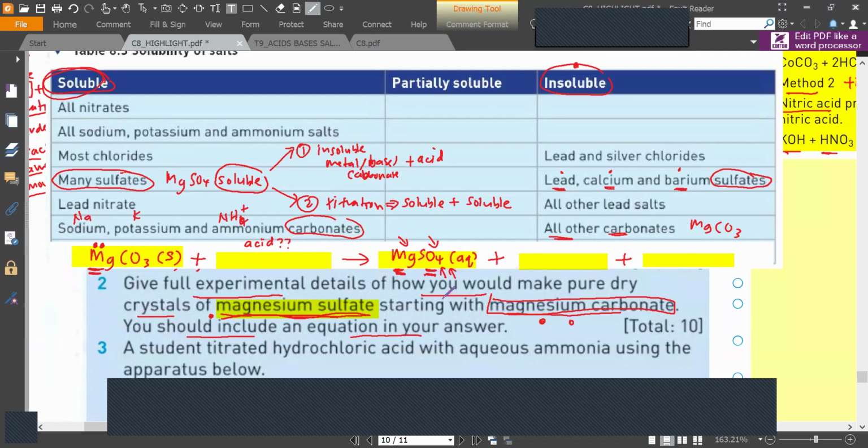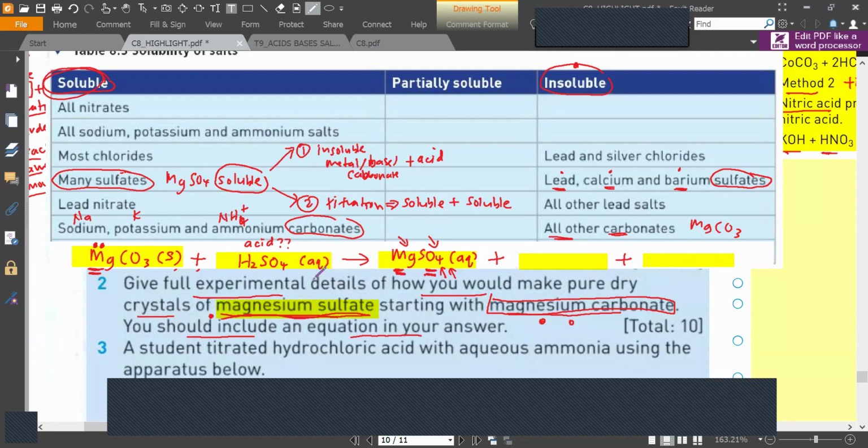H2SO4. Yes, so we will use sulfuric acid to give us the sulfate.